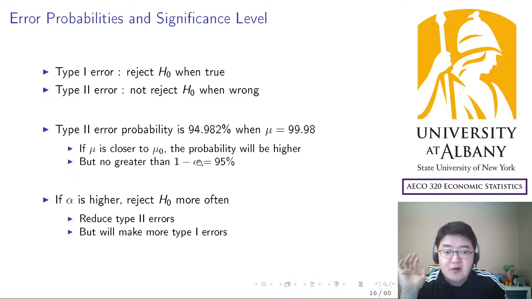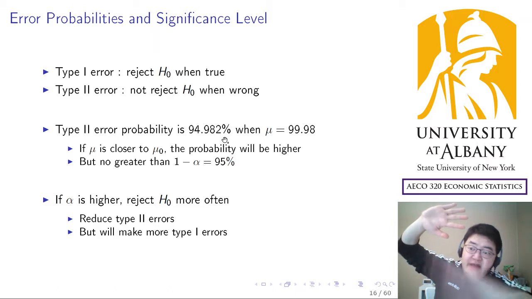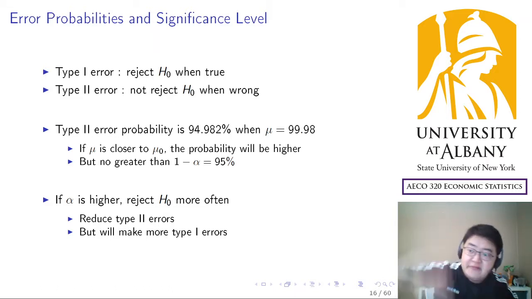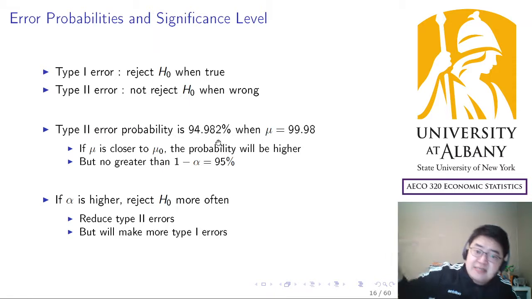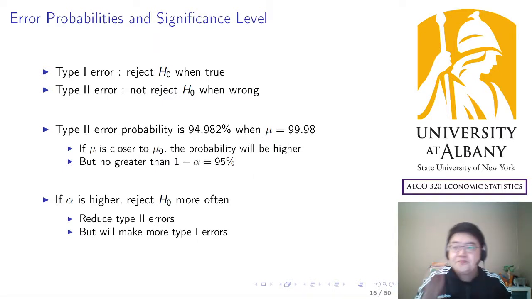So remember, alpha was 5%. So you are going to reject the top 5%, and you do not reject 95%. So the 95% becomes the maximum of type 2 error probability. If all of the non-rejections you make are errors, then the probability will be 95%, right? Let me put it again.